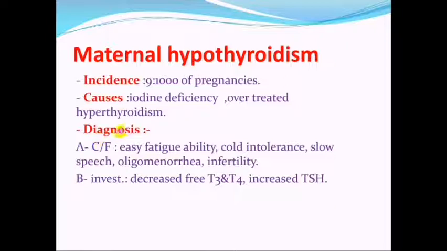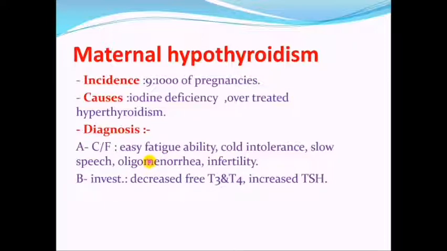hypothyroidism. The diagnosis mainly depends on clinical manifestations, which are easy fatigability, cold intolerance, and slurred speech. In females who are not pregnant, they usually present with oligomenorrhea or even amenorrhea.